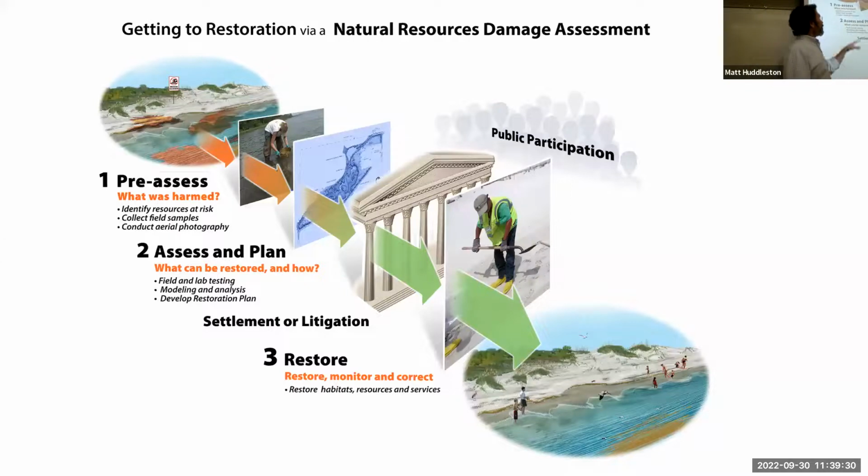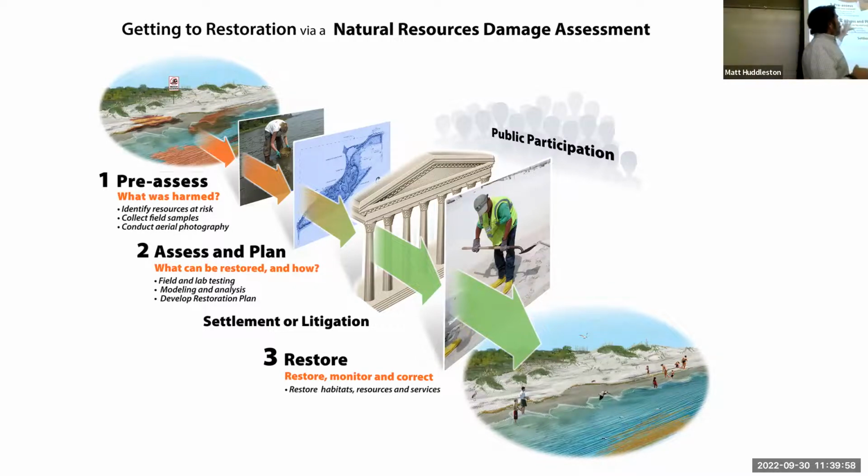Here's a slide that kind of shows you that process. So the spill occurs, and you go into this pre-assessment where you establish what baseline is. You try to collect samples out there of water and sediment and plants and animals and data and establish that baseline. And then you get into this assessment part and the restoration planning part. And that's the part that I mainly was involved in.